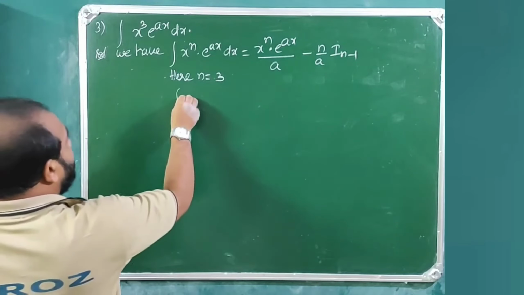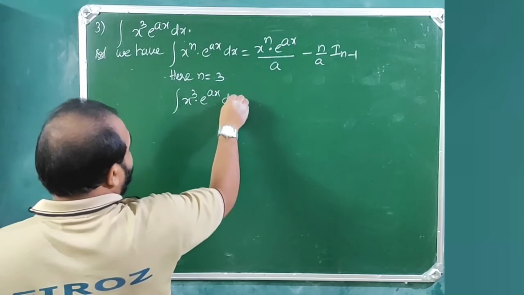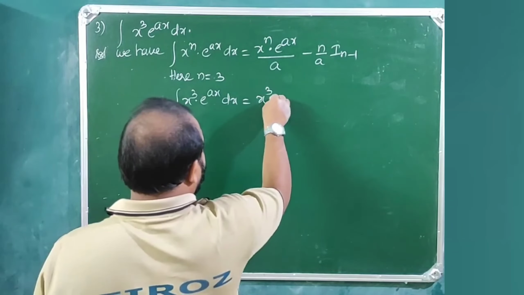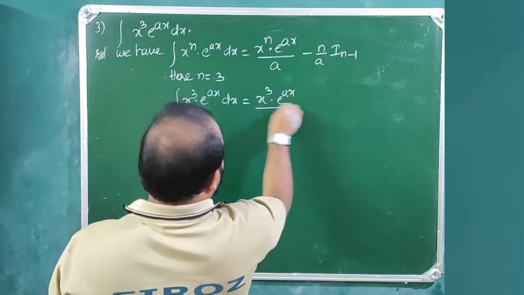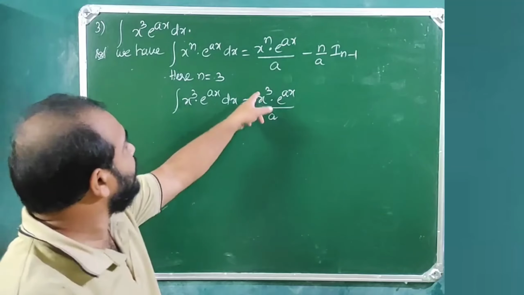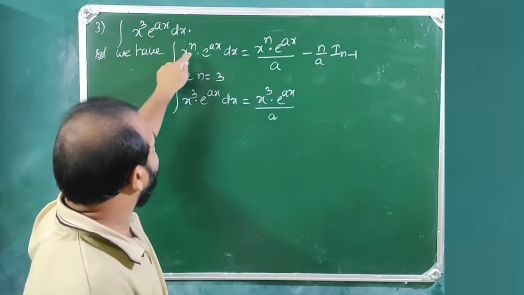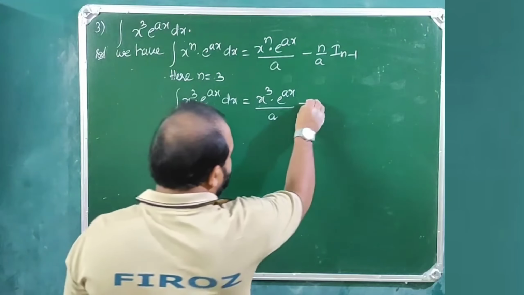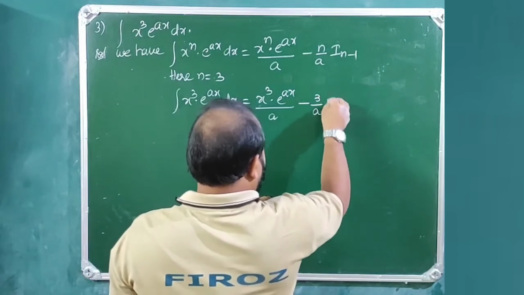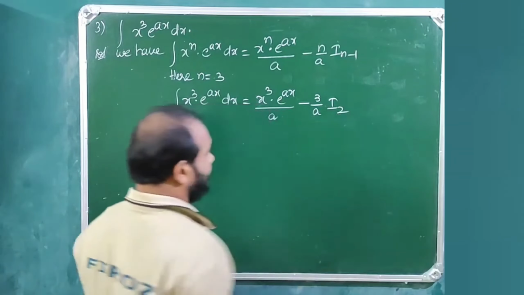So this is x cube into e power ax dx is equals to x cube into e power ax by a, because a is unchanged, so this is same. So in the place of n we'll take 3 minus n by a. N is 3, so 3 by a I, 3 minus 1 is 2.